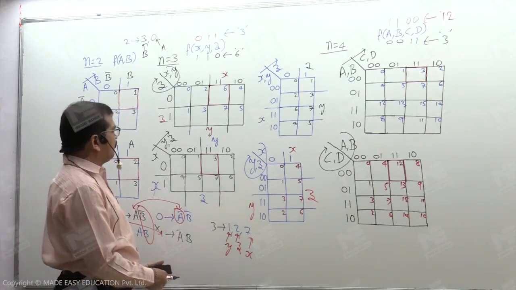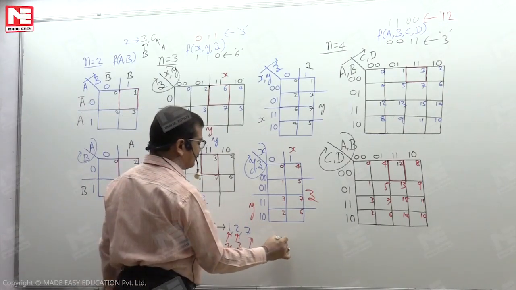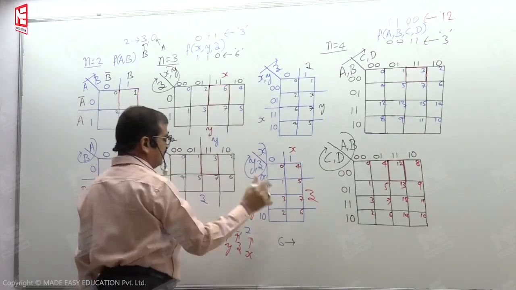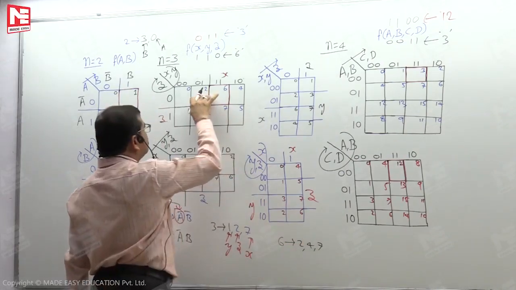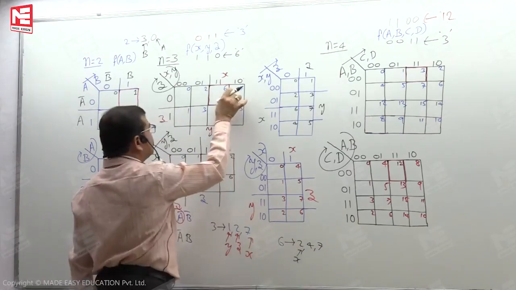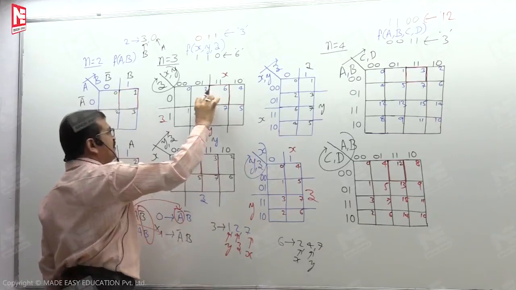Suppose we check for cell 6. For cell 6, looking at the common lines, cells 2, 4, 7 are the adjacent cells. Cell 2 differs in variable x, 4 differs in variable y, 7 differs in variable z.